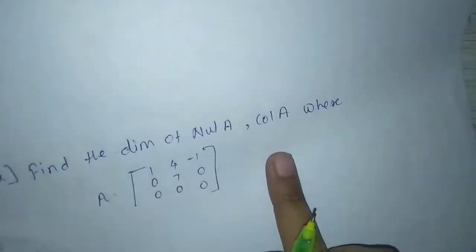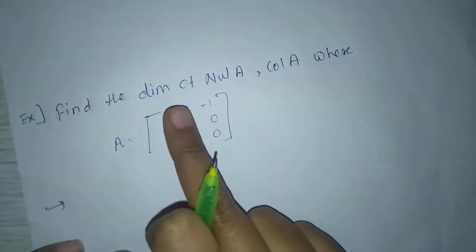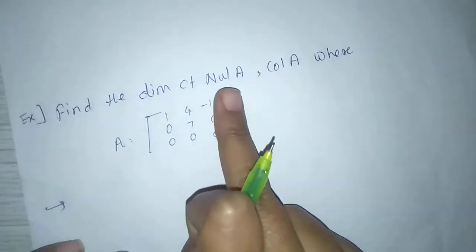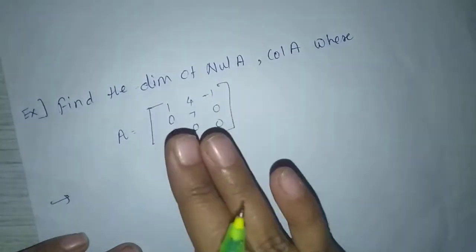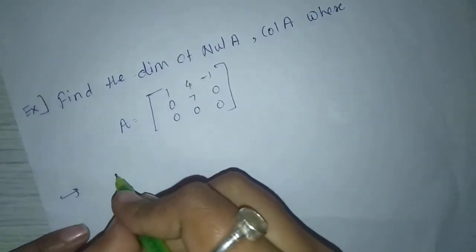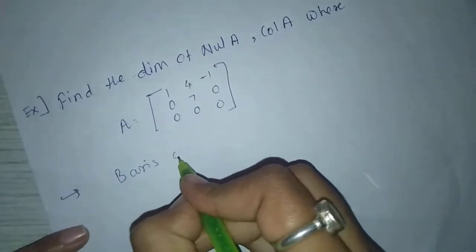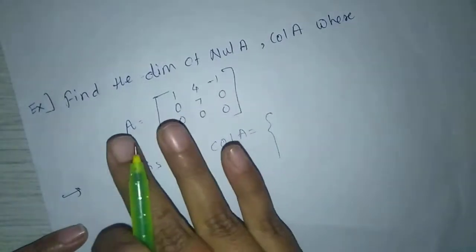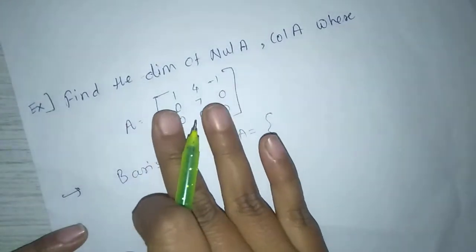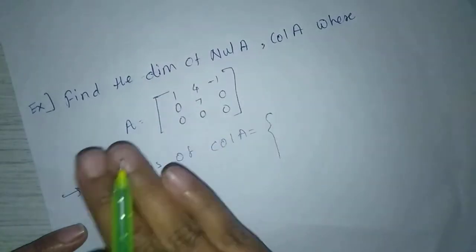find the dimension of null space of A and column space of A, where A equals 1, 0, 0, 4, 7, 0, minus 1, 0, 0. Here you can see that pivot entries occur in first and second column. So basis of column space of A equals first and second column of given matrix, because it is already in row echelon form.